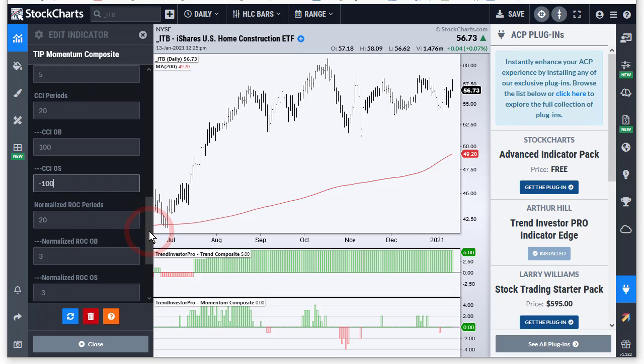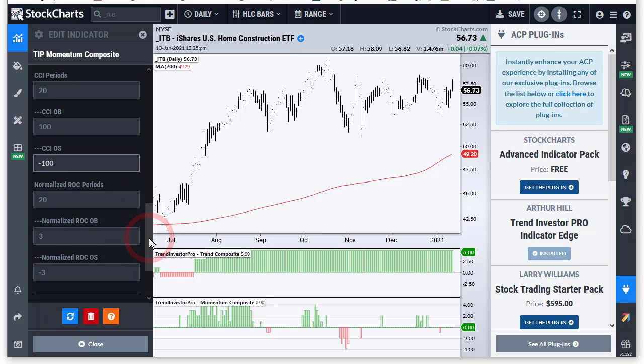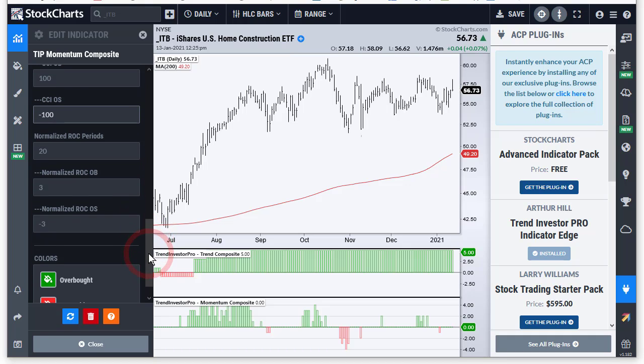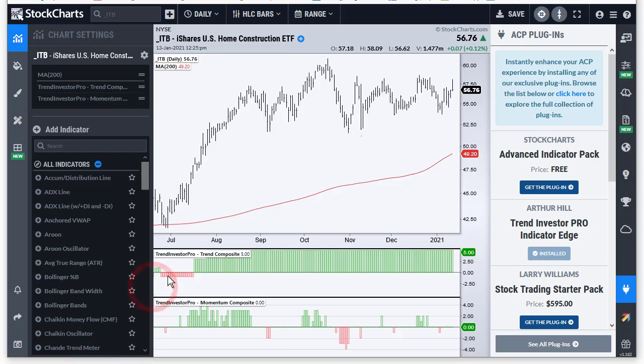I'm really not interested in overbought readings when the trend is up. I'm more interested in oversold readings when the trend is up. And for the normalized ROC, I'm going to adjust that to 5 periods. And I'm going to click close, and that will update those settings.